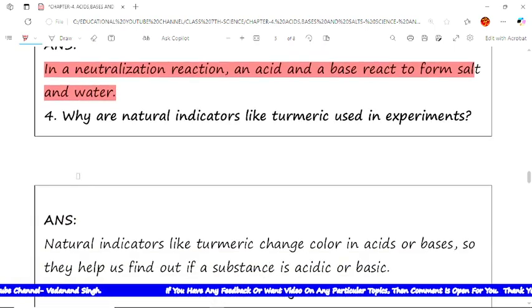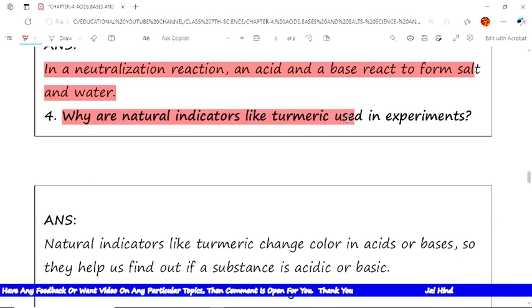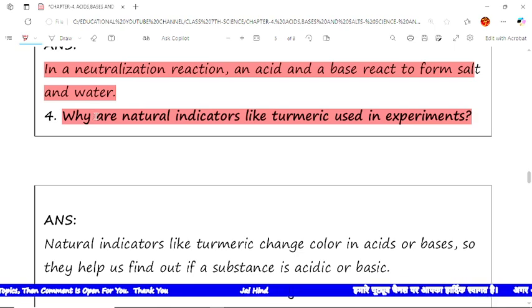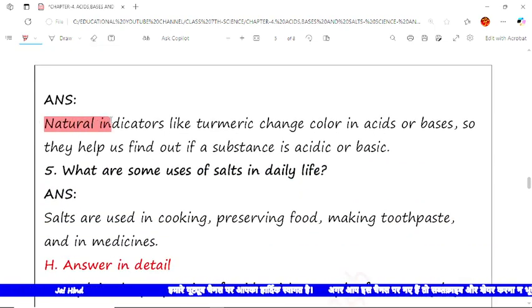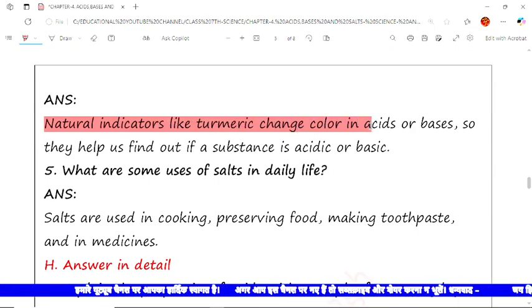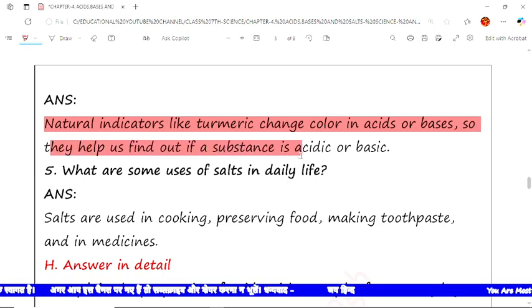Question number 4: why are natural indicators like turmeric used in experiments? Generally in the lab we use turmeric as an indicator. The answer is natural indicators like turmeric change color in acids or bases, so they help us find whether the substance is acidic or basic.